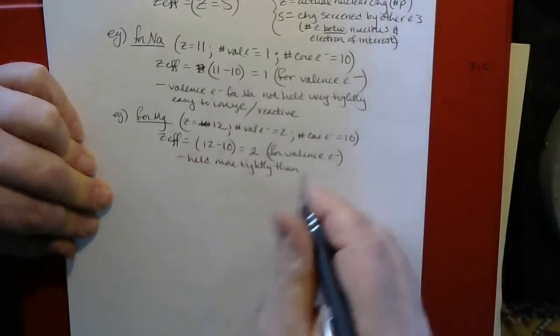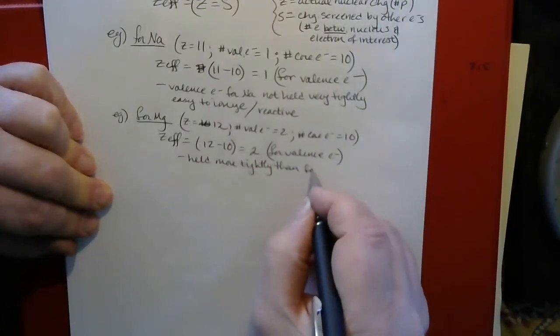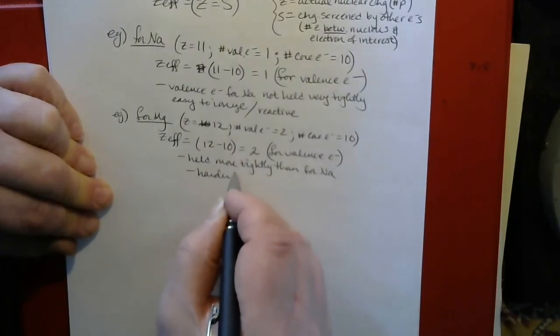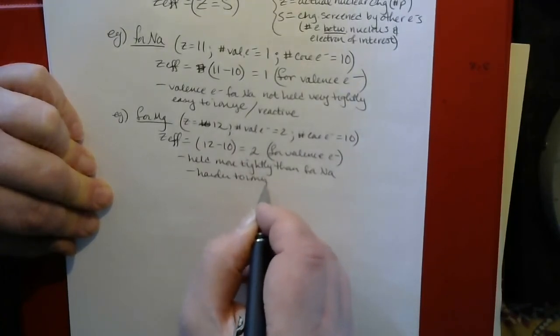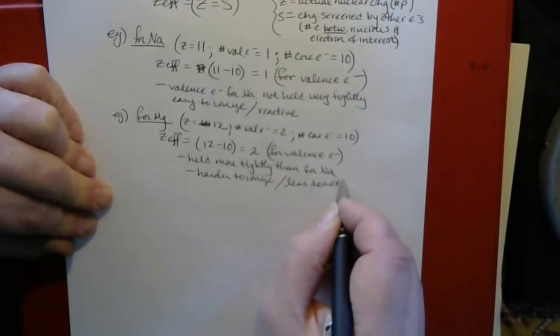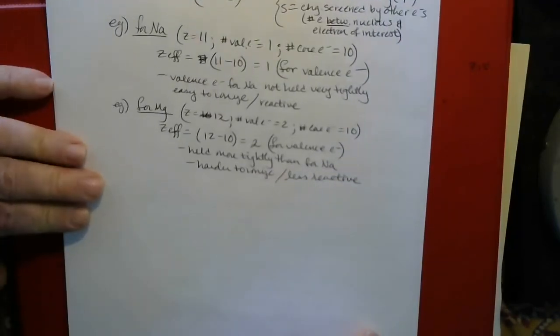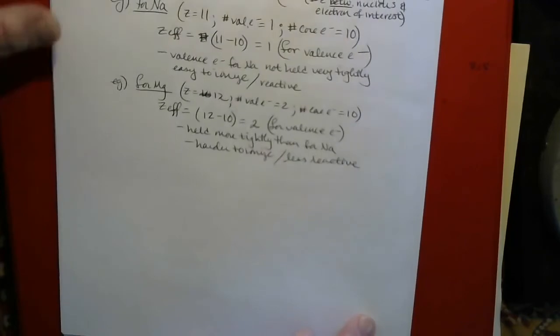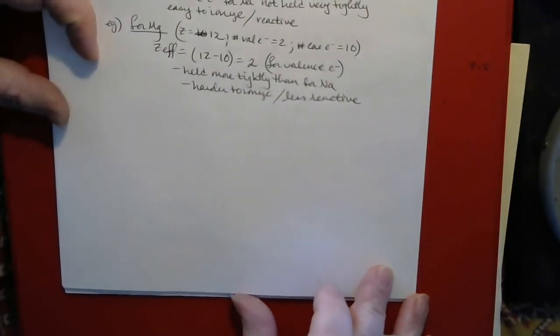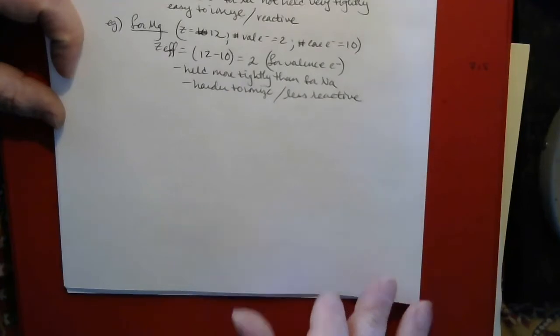And that's held more tightly than for sodium. And that's why magnesium is harder to ionize and less reactive than sodium. Magnesium is still pretty reactive, but it's not nearly as reactive as sodium.